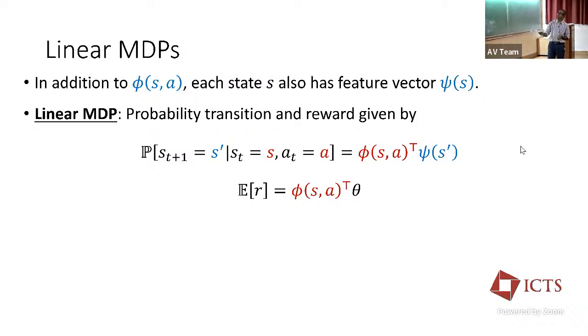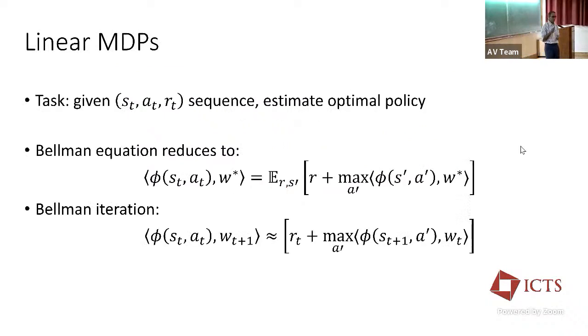And now the transition, that is, given a state and action pair, what is the probability of going to some other state, is given by this linear form. It is the inner product of the feature vector for the state-action pair with the feature vector of the state itself, right? And similarly, your reward for a given state-action pair is also a linear function of the feature vector. So it's a purely linear MDP.